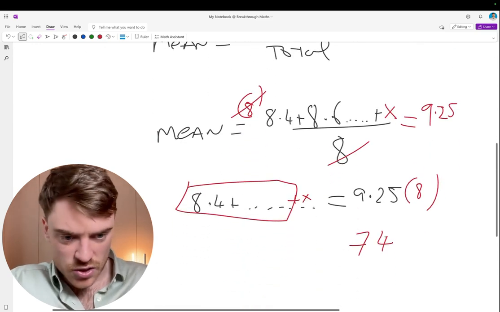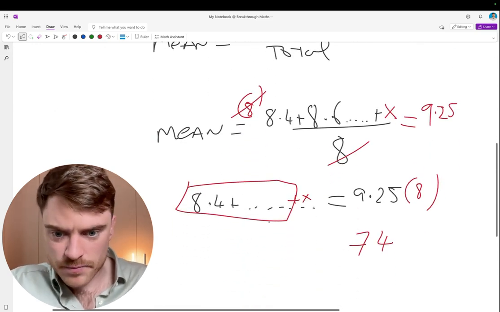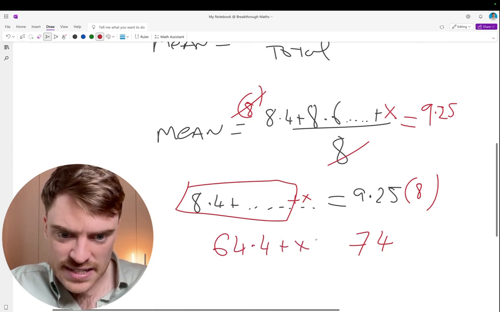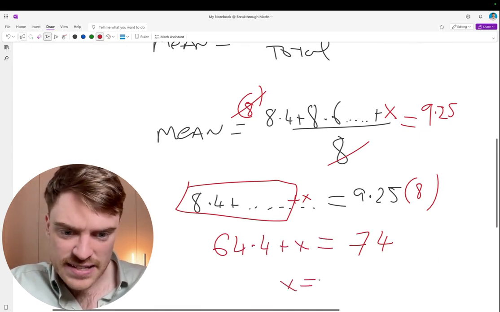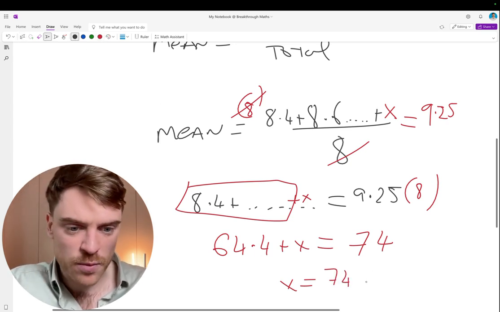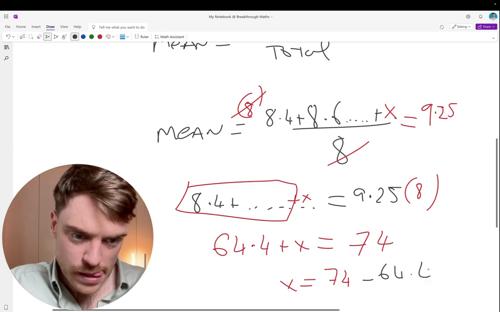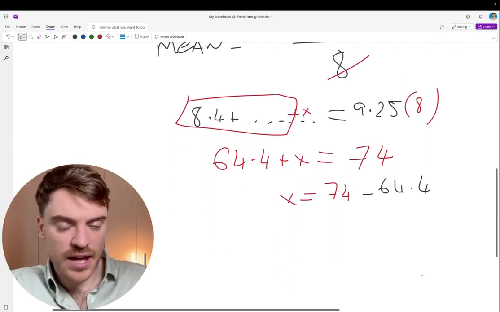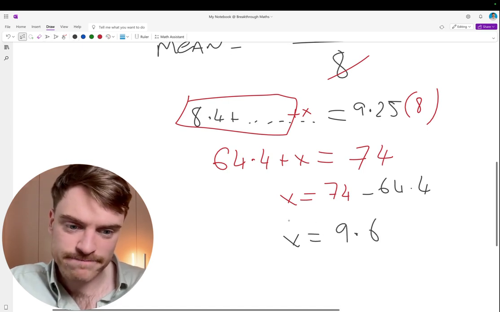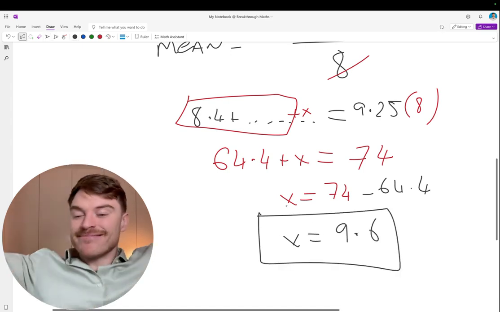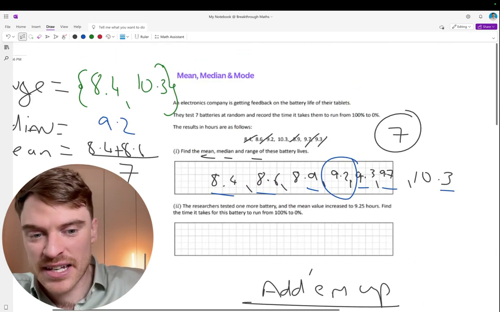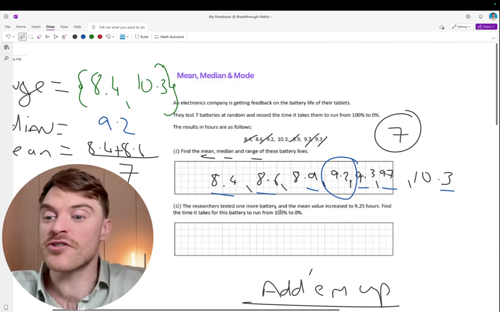So it becomes 64.4 plus X is equal to 74. X is equal to 74 take 64.4, and that gives me 9.6. So X is equal to 9.6, and that's the new battery life. Voila! That's it. So 9.6 hours is the time it takes that battery to run from 100 to 0%.